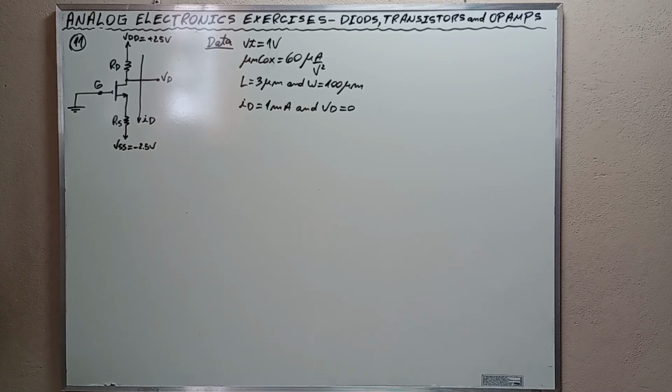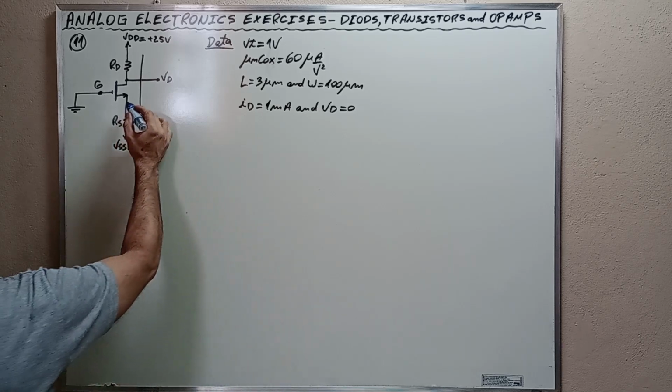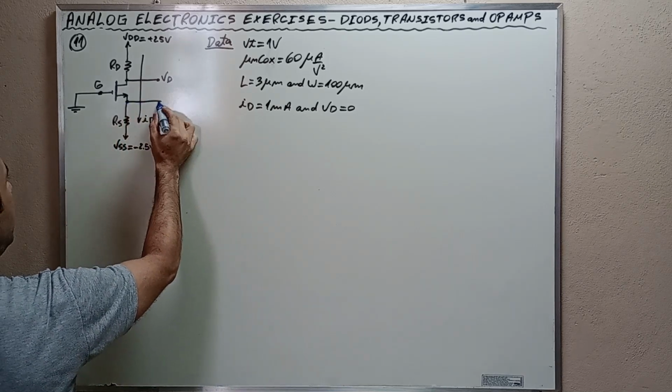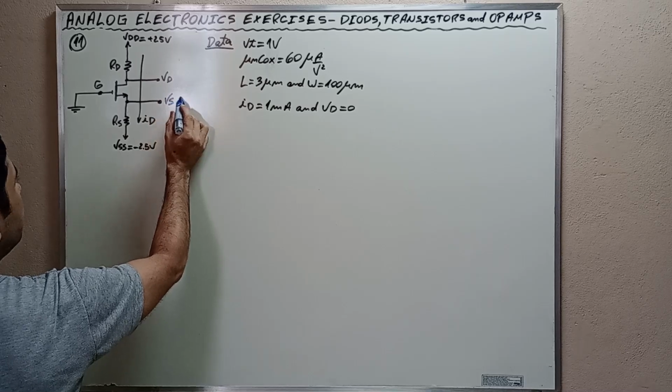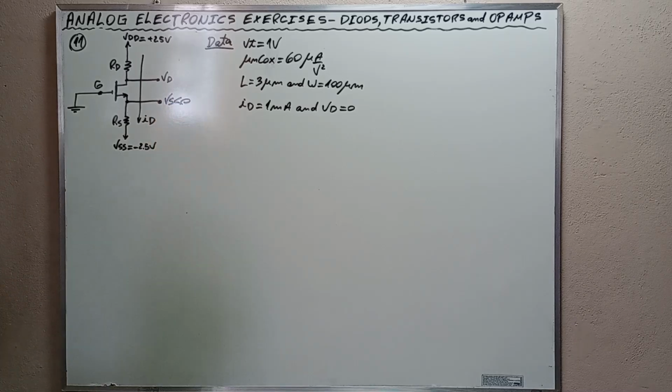As a consequence, we know that VS is less than 0. The exercise imposed that VD has to be equal to 0. As a consequence, the voltage at the source has to be less than 0. Okay?